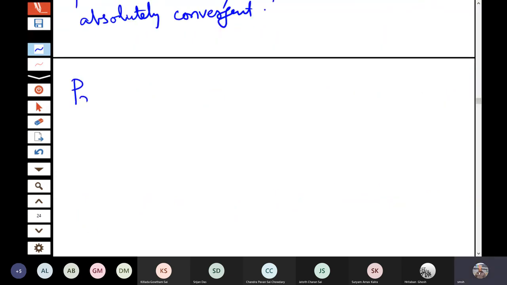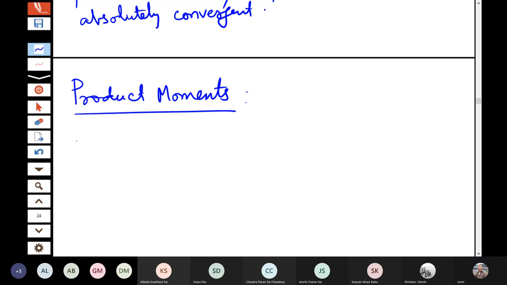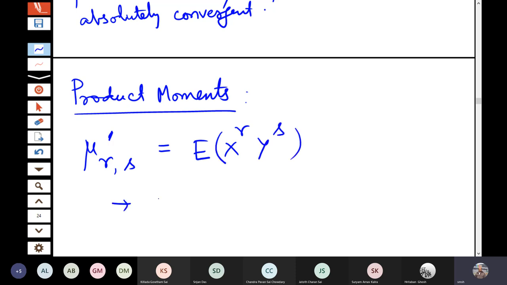So then we can talk about the product moments. The rs-th non-central product moment, let me use the notation mu prime rs, is the expectation of x to the power r, y to the power s.